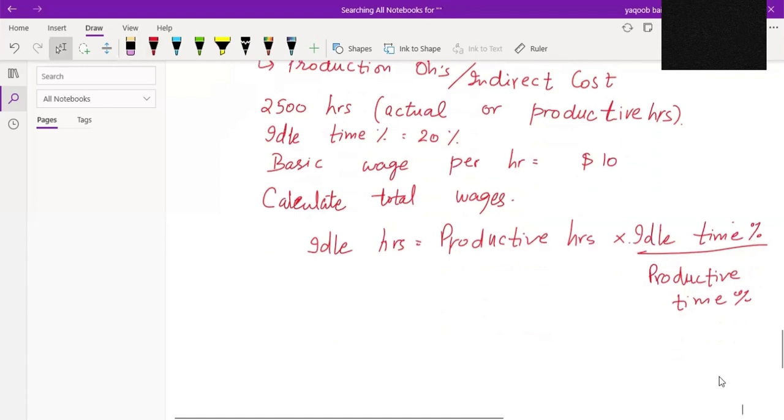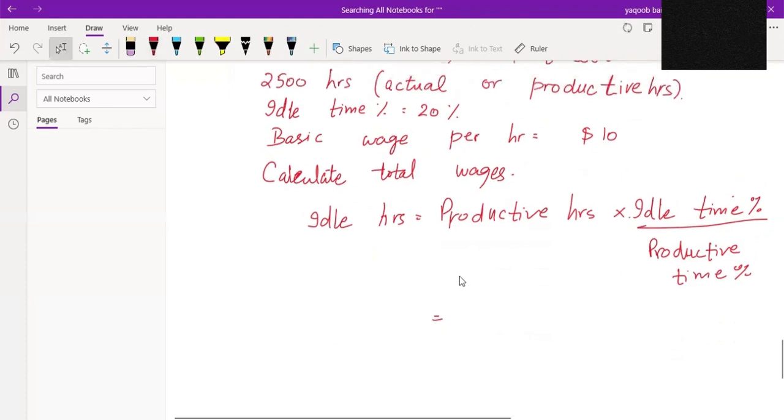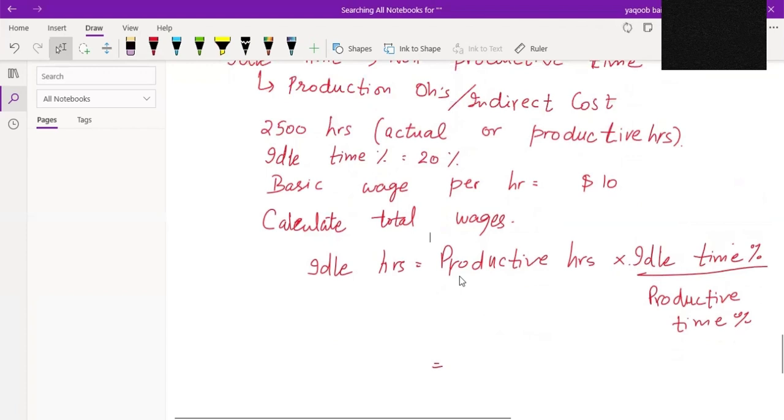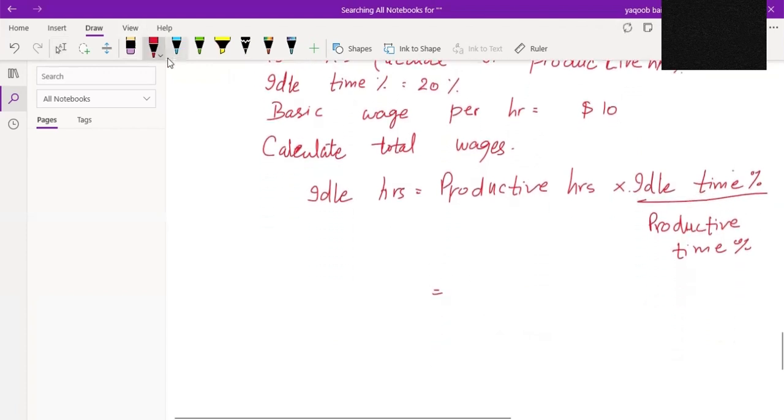So, productive hours are how many hours? Productive hours are, I think, 2500 hours. 2500 hours into what? Idle time 20%, productive time is 80%. So the idle hours are what? These are 625 hours.